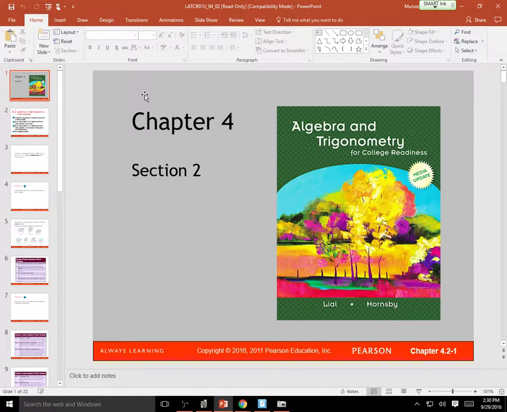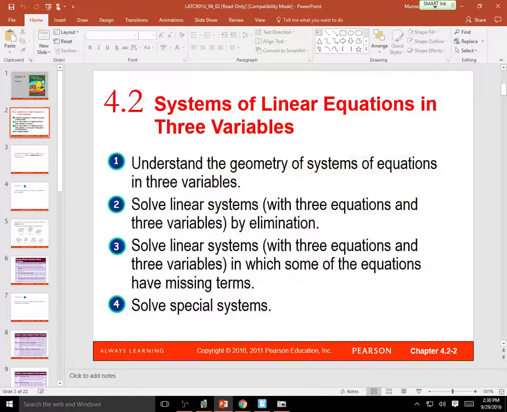Awesome. Chapter 4, Section 2. In the last section, we were doing 2x2 systems. It's only one section because you're supposed to already know how to do them. If you don't, come see me, and I will pour my knowledge upon you. 4.2 is going to be a review on systems with 3 equations, 3 variables.